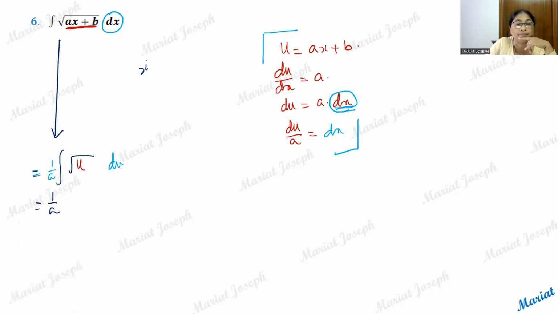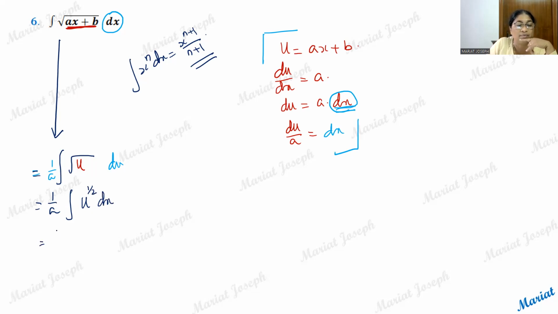Integral of x to the power n is x to the power n plus 1 upon n plus 1. Very good. What is the n here? Half, because root u means u raised to the power half. Very good.